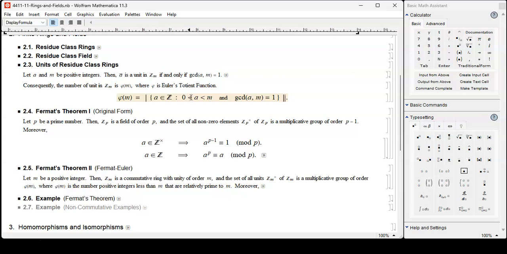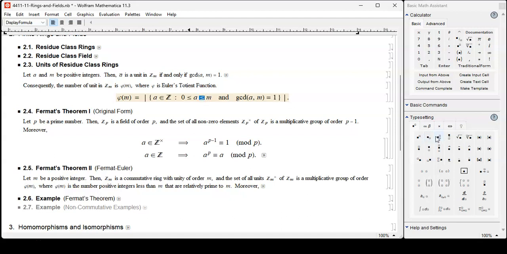And whether I select m greater than or equal or strictly greater, that'll make no difference, because for 0 and m, that GCD will never be 1, and same goes here. Even if I change this into greater than or equal, it doesn't change because the GCD of m and m is not going to be 1.